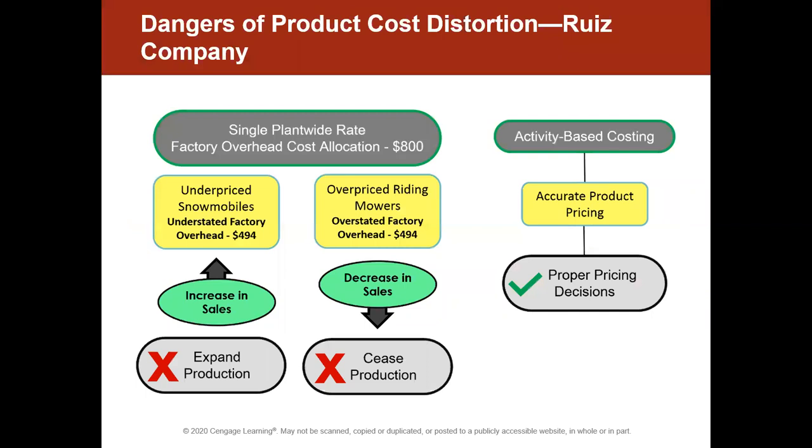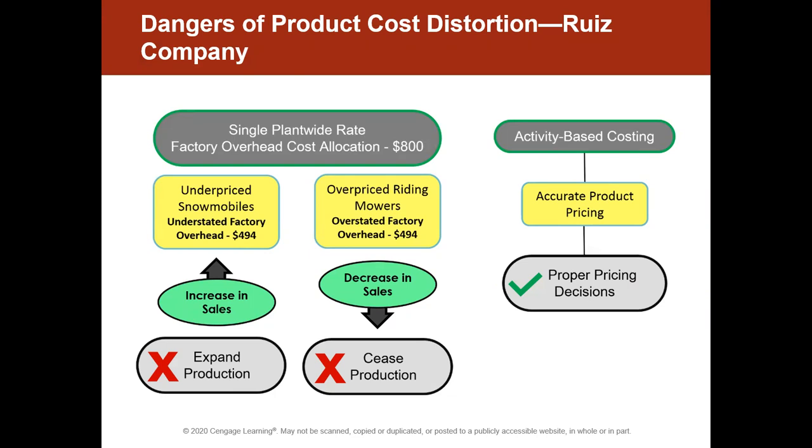All right. So again, the dangers of product cost distortion. With the single plant-wide rate, we would underprice our snowmobiles and overprice our mowers. If we're underpricing snowmobiles, guess what'll happen? More people want to buy them because they're cheap.